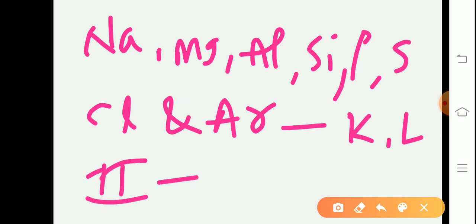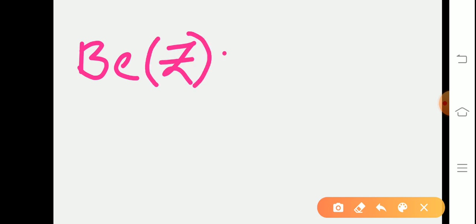Now let me explain with an example. Take beryllium atom. The atomic number of beryllium is how much? Yes, 4. And you know the electronic configuration, right?